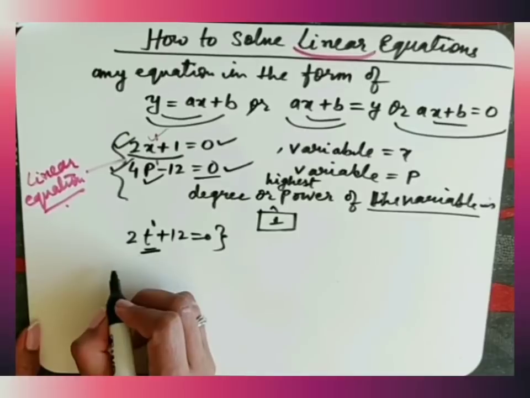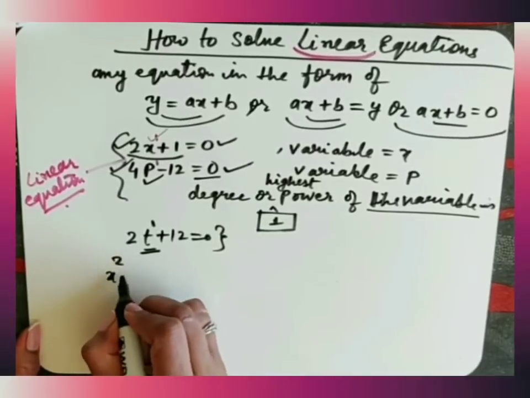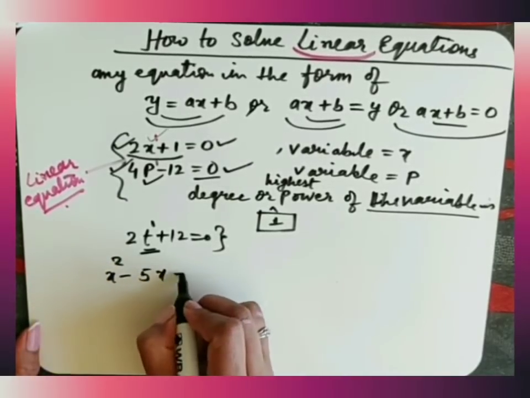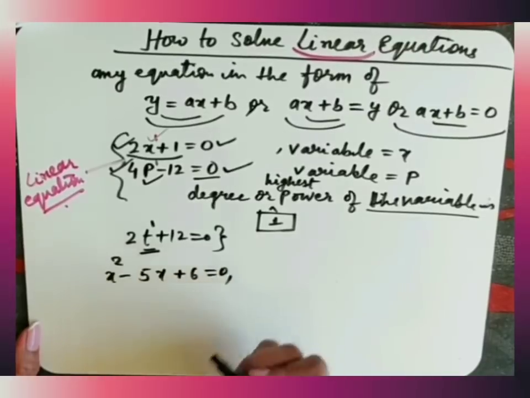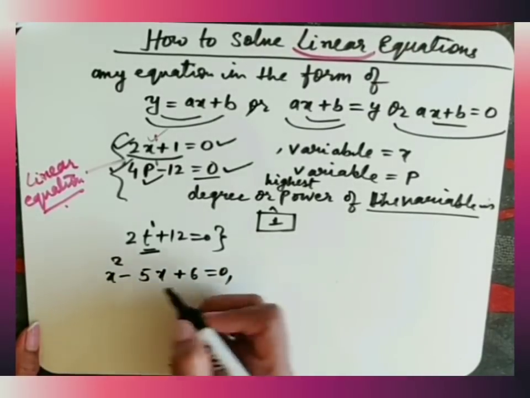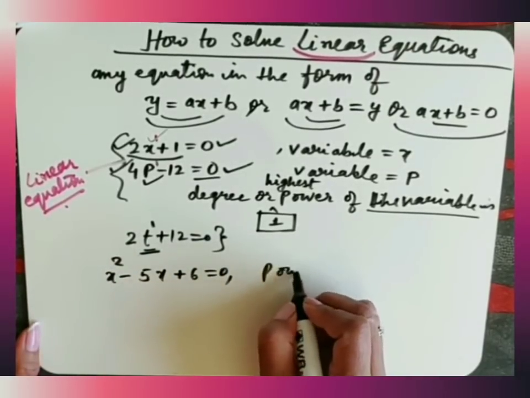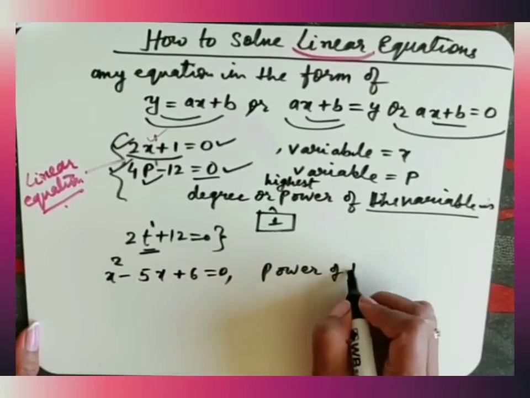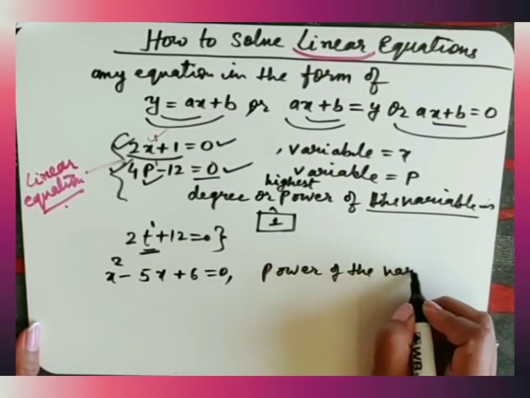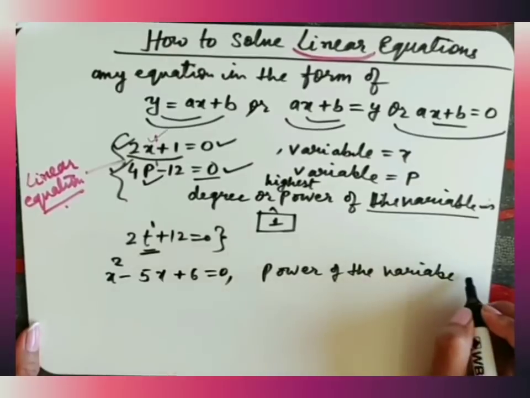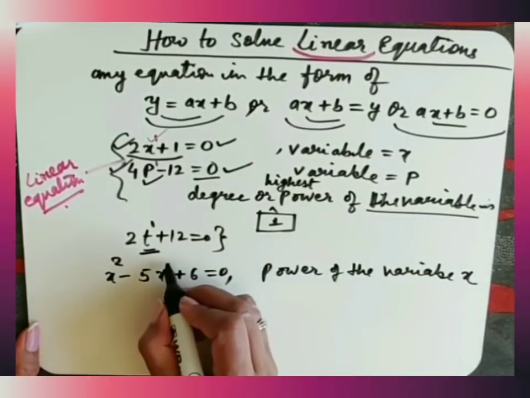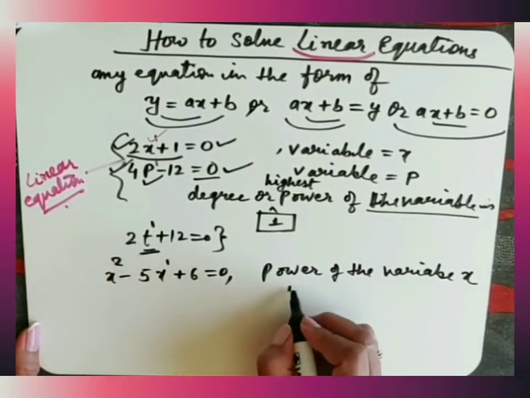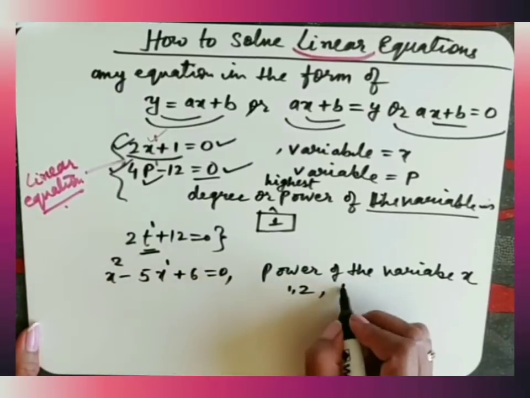Now I am going to take this equation, x square minus 5x plus 6 equal to 0. What is the variable here? x. The powers are 1 and also 2. But what is the highest power?